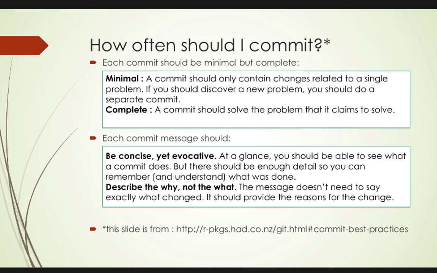This is the reason for your committing, not the what. Don't write a plot of X versus Y. Say why. Let's say this is a plot that shows the correlation between X and Y, so that you understand why you wrote that plot in your project.